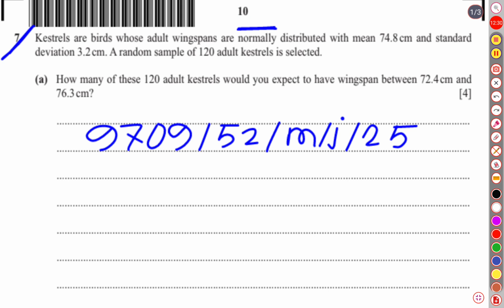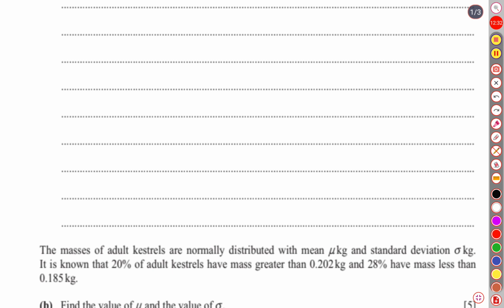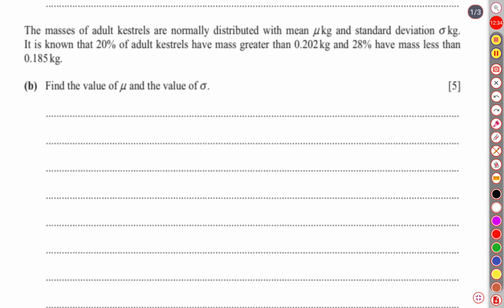Let's see part B. The second part says that the masses of adult kestrels are normally distributed with mean mu kg and standard deviation sigma kg. It is known that 20% of adult kestrels have mass greater than 0.202 and 28% have mass less than 0.185 kg. Find the value of mu and the value of sigma.